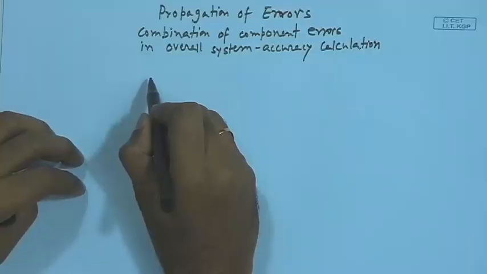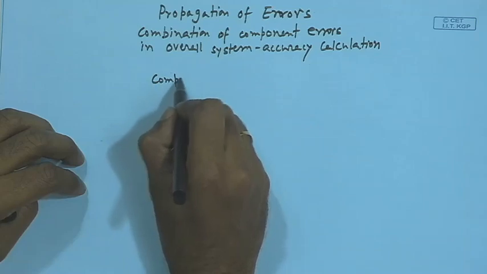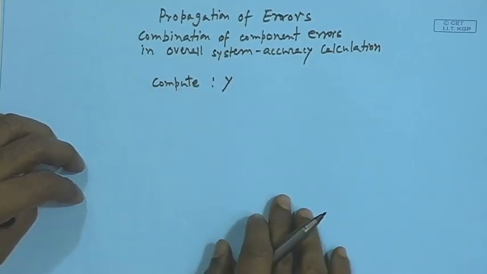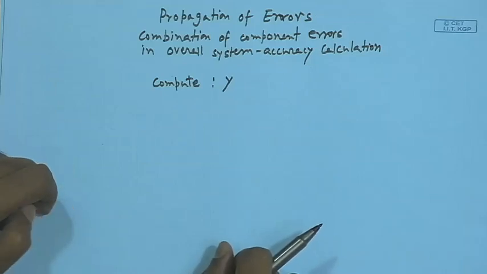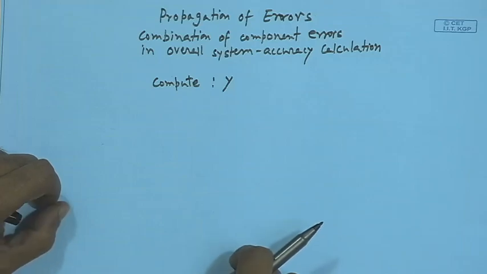So, now consider the problem of computing a variable y, which is known to be a function of n independent variables.